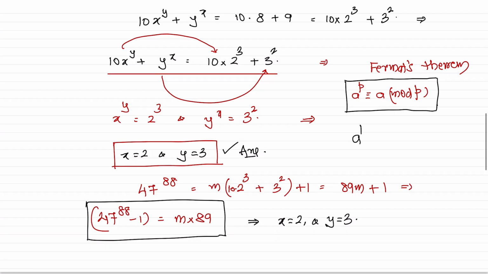A to the power of p minus 1 equivalent to 1 mod p. One is Fermat's main theorem, another is Fermat's little theorem.